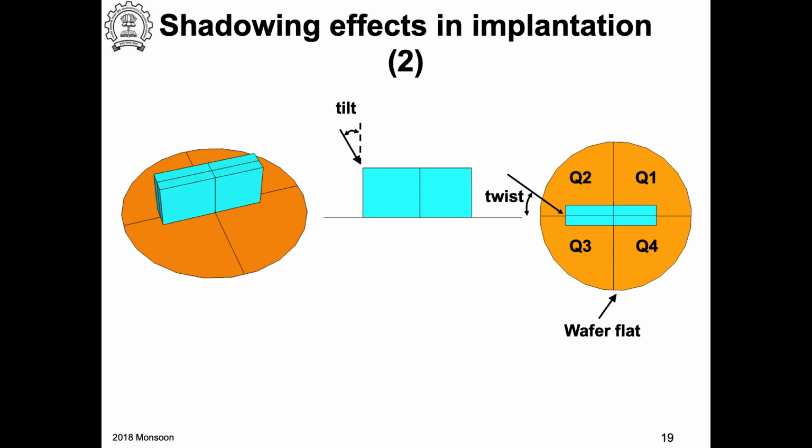So the moment you define a twist, and in fact I can also define... if I go back to the previous one, how do I avoid the shadowing effects in the previous case?